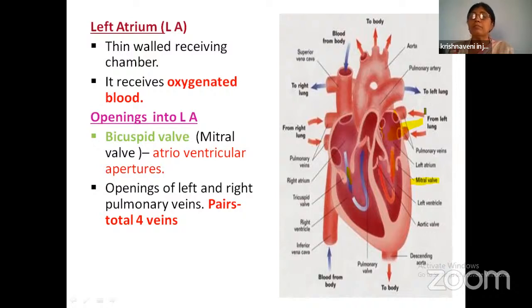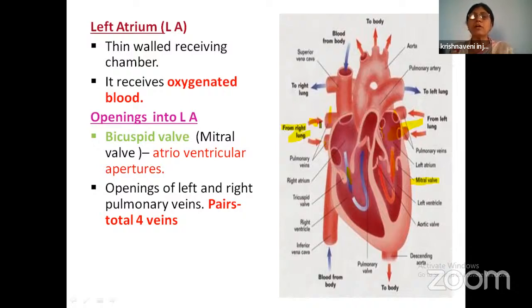They carry the blood from the lungs to the left atrium. Here, 2 openings from the right lung. Arrows are there. These are the pulmonary veins, because they start from the lungs. That's why we call them pulmonary veins.